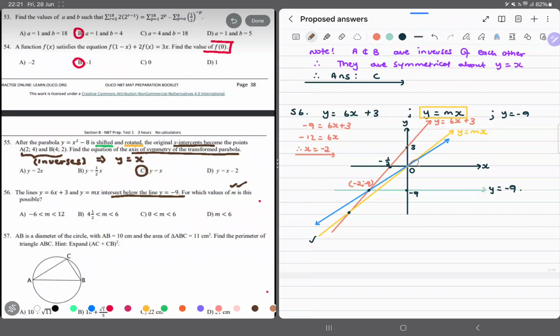Because this could still happen. This line runs parallel to our proposed line. So essentially, it could still pass through the origin, but run parallel.